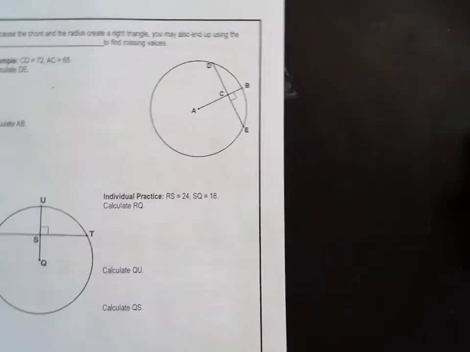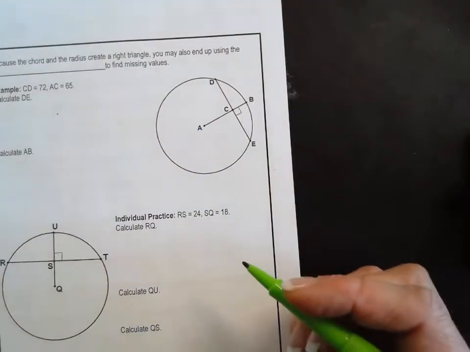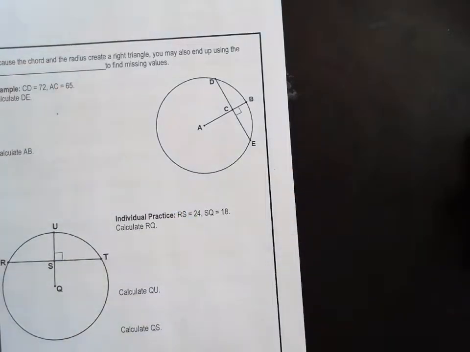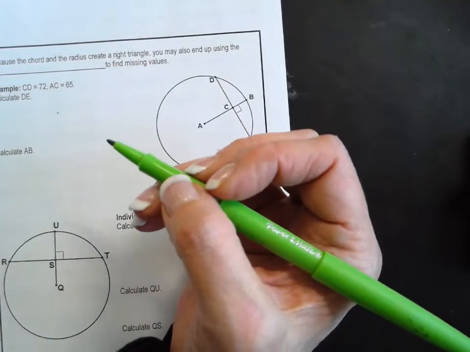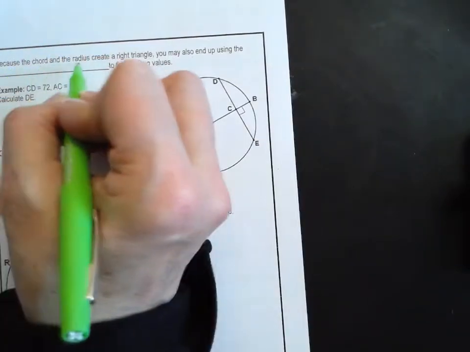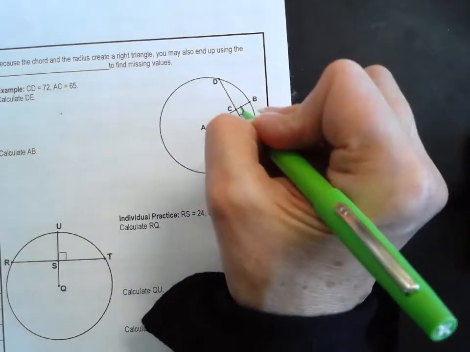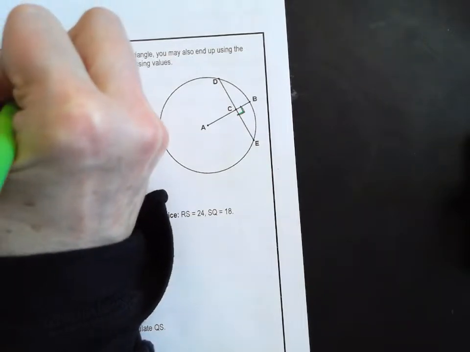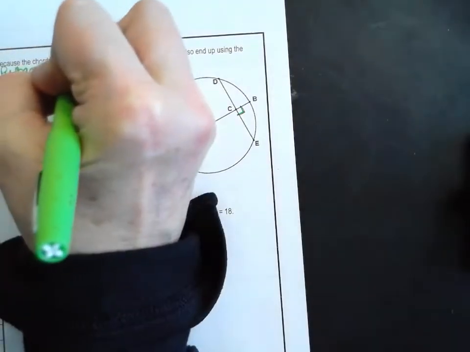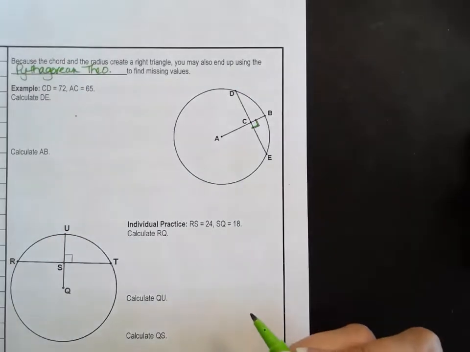So, let's talk about this for a minute too. Because you have the chord and the radius creating that right triangle, you can also use your Pythagorean theorem. Okay?